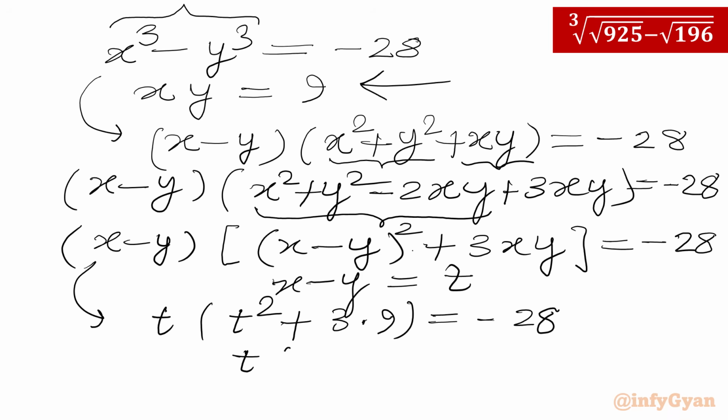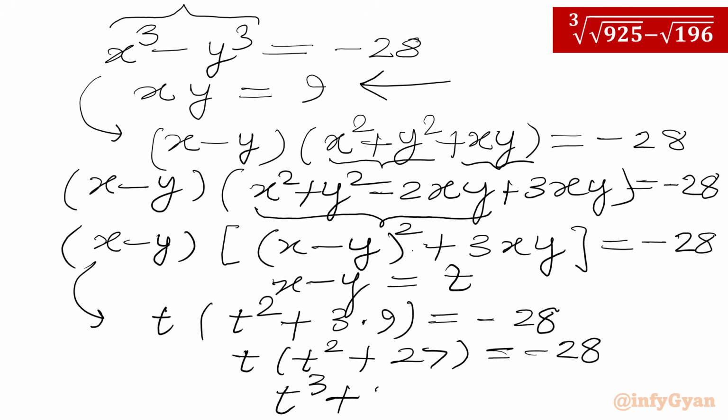Or we can write t times t square plus 27 equal to minus 28, or we'll be getting one cubic equation t cube plus 27t plus 28 equal to 0. We have one cubic equation which we will solve using method of factorization.